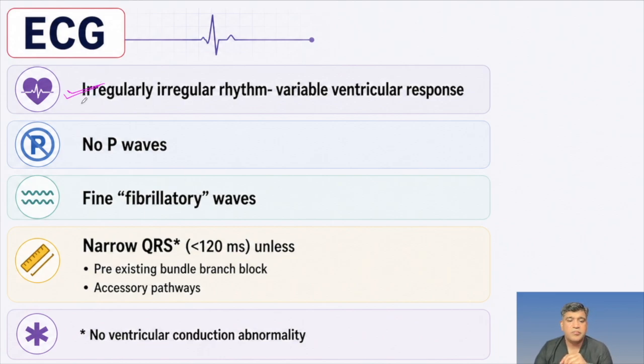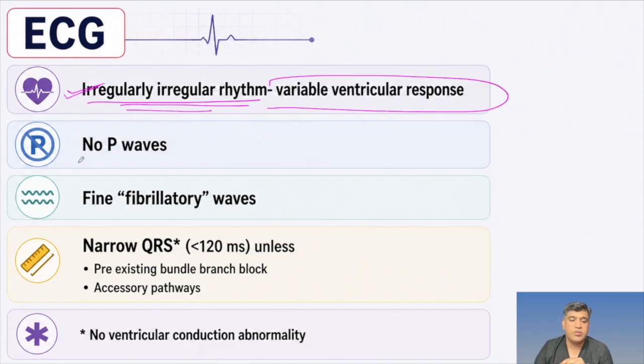The rhythm is irregularly irregular, with variable ventricular response. P waves are absent in patients with atrial fibrillation. There can be fine waves, known as fibrillatory waves.